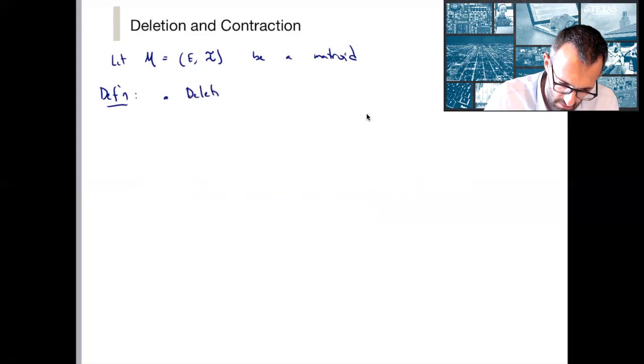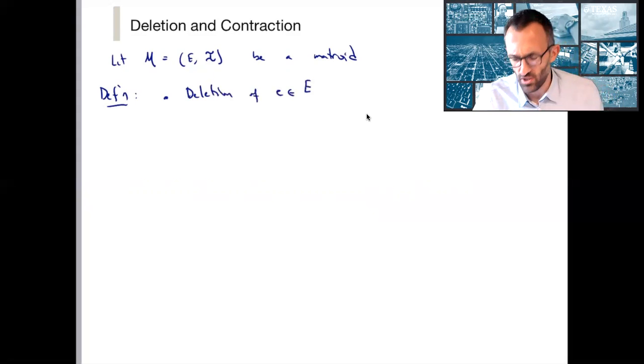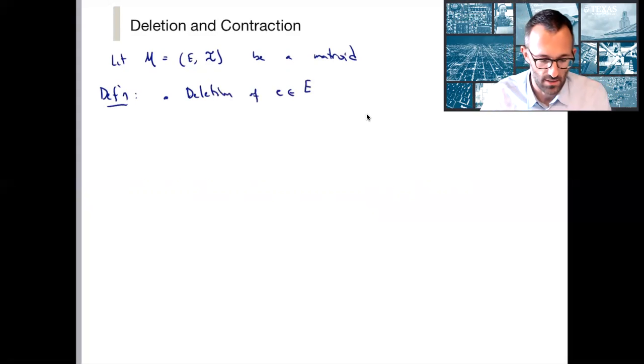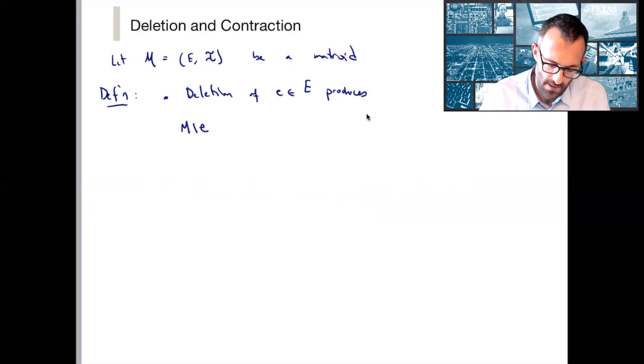Deletion of an edge e, I'm calling it an edge, I really mean an element of the ground set, produces the following matroid, which we're going to denote in this way.